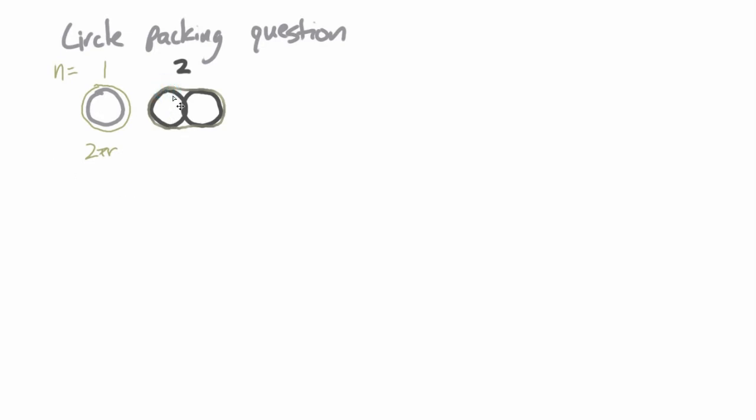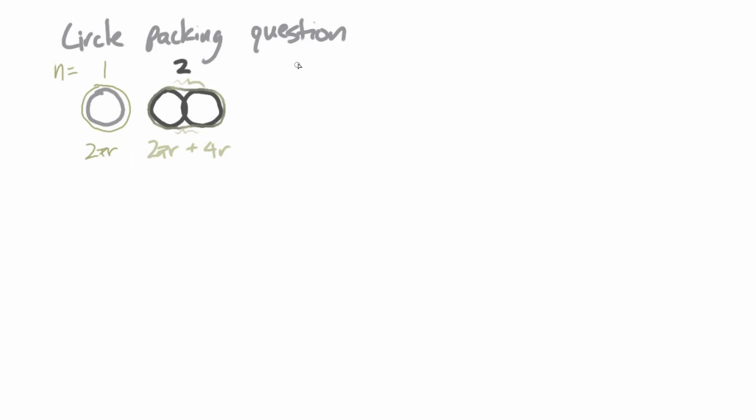And well, you can probably just calculate the length of the string in this case too. So there's a semicircumference here, a semicircumference here, so that adds up to a total circumference. And then you have these lengths, this length, and 2 of them. So if this is r, this is 2r, and both of these lengths added together is going to be 4r.